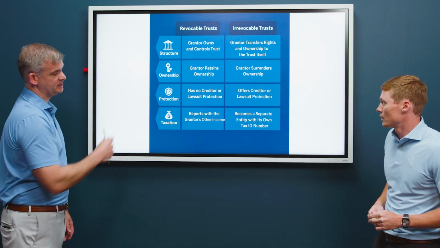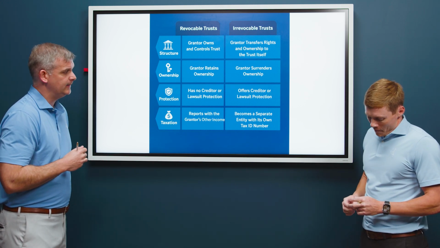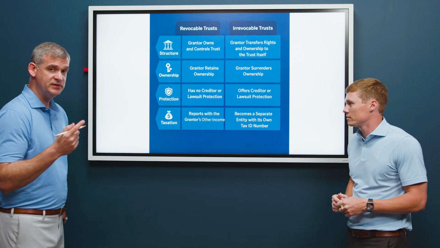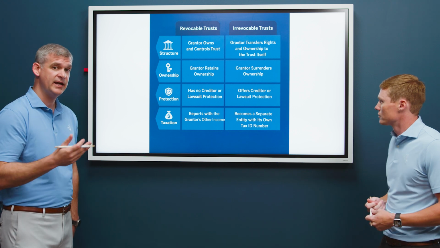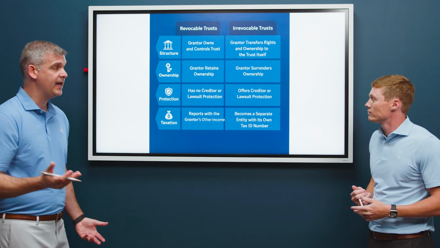The other thing this is used for, we talk a lot in retirement about it being used for long-term care planning. But if you're a business owner, a lot of doctors may use irrevocable trust to protect their assets from work-related risk or liabilities that they have.